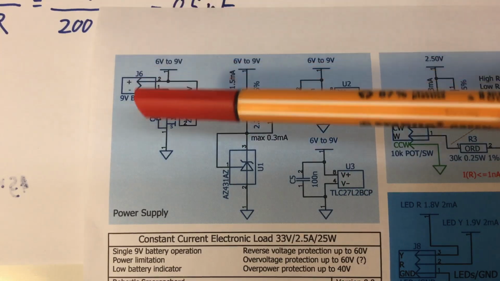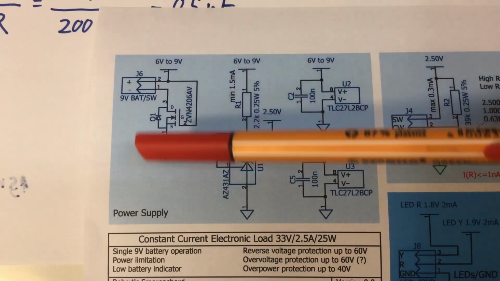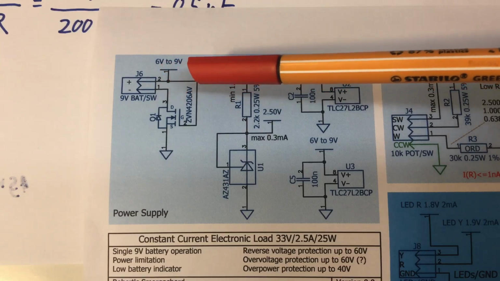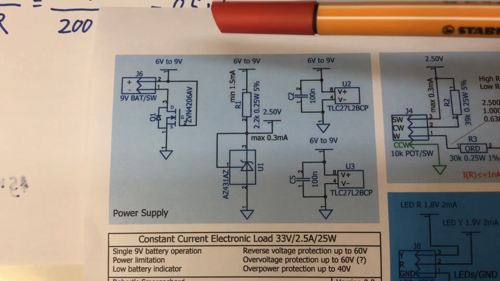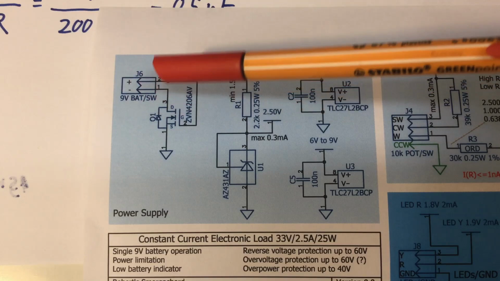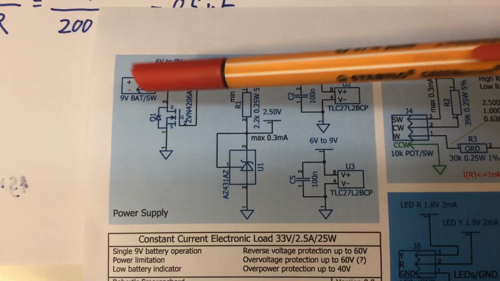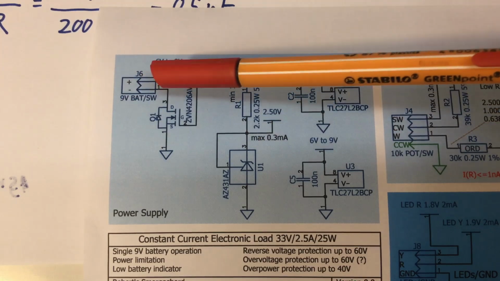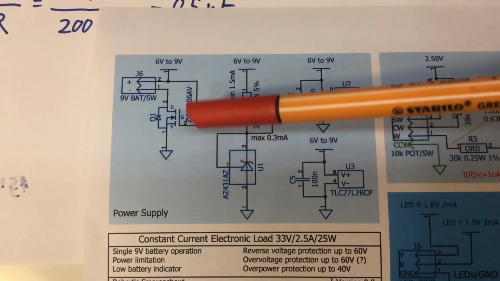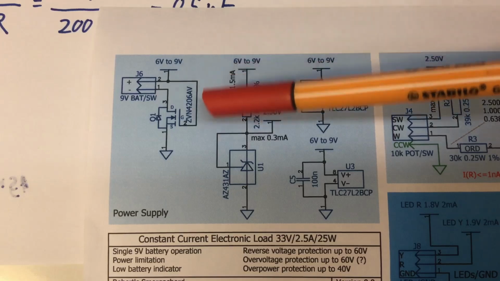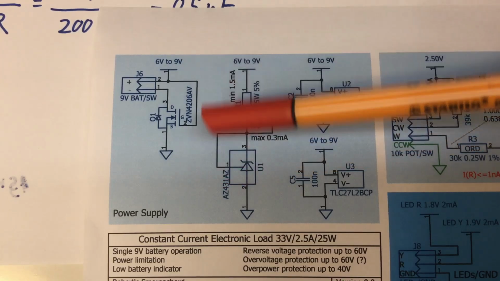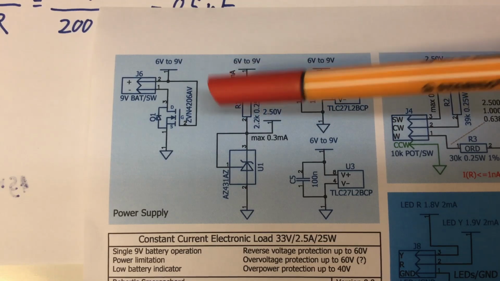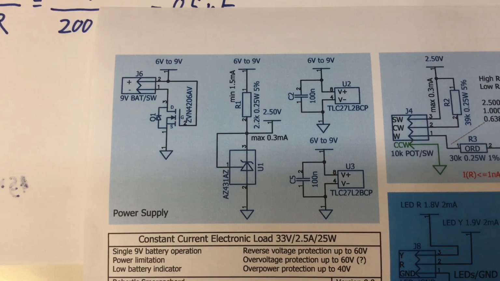But up to now we have absolutely no filtering here on our 6 volt to 9 volt rail. We just have the switched battery connection, and the switch makes a lot of noise when we switch it on, and our reverse voltage protection here, but nothing else. So let's put in a capacitor here.